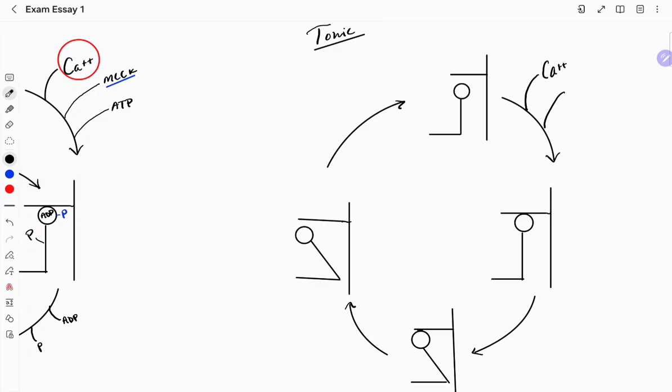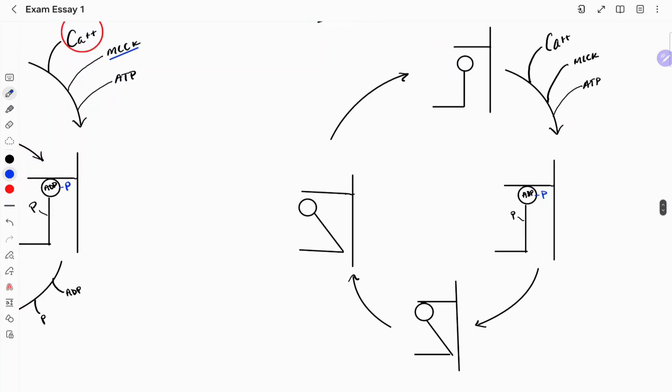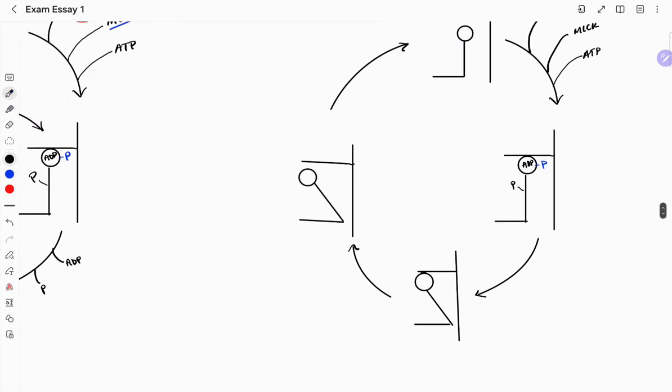We're still going to have our MLCK, and that's going to be using ATP to add this phosphate here. But now the difference is that with the tonic cross-bridge cycle, we still lose this ADP and phosphate.